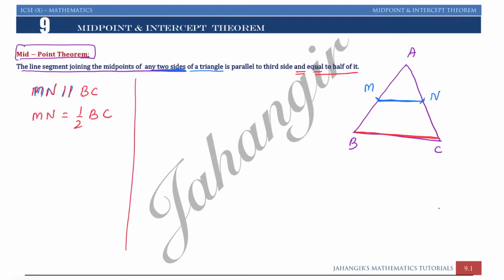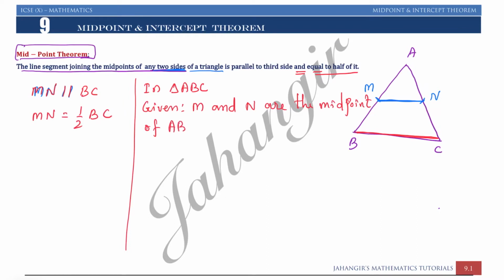So in the midpoint theorem, what will be given in triangle ABC? Midpoints of any two sides should be given. Given: M and N are the midpoints of AB and AC respectively.